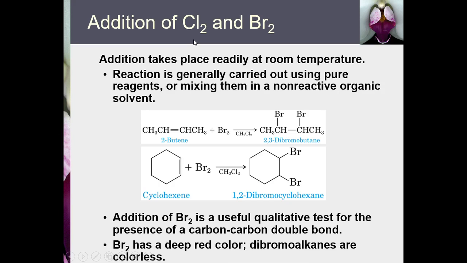The reaction is generally carried out using pure reagents or just mixing them in a non-reactive organic solvent like this one. This is your non-reactive solvent CH2Cl2, that's dichloromethane. We also call this DCM.